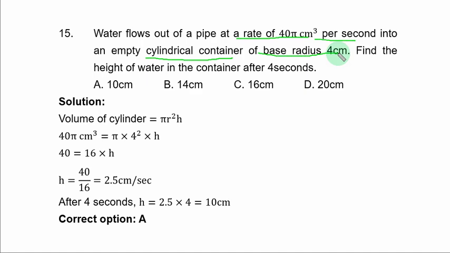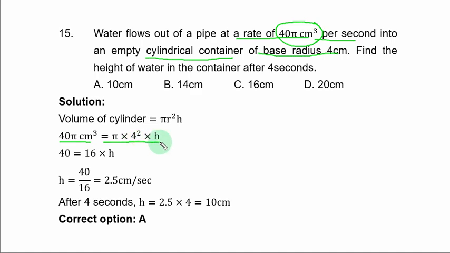So we use the volume of a cylinder to get the height because of what we are given here. The given unit is volume. So the volume is 40 pi equal to pi times radius 4 squared times the height, which is unknown.